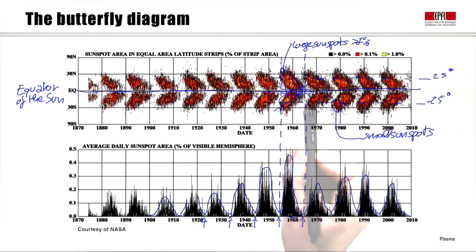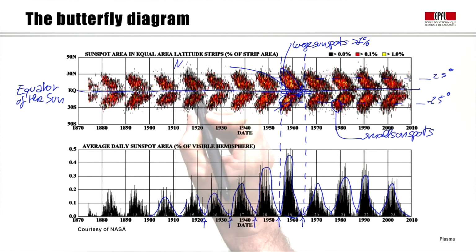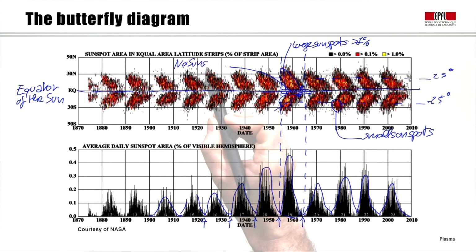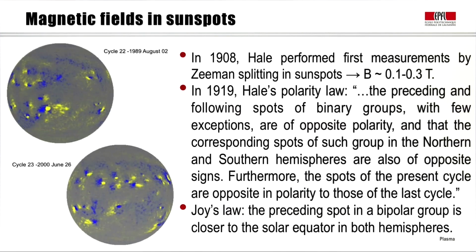However, you should note that the corridor near the equator is always free from sunspots. This behavior is referred to as Spörer's law of zones, and it was famously illustrated by Maunder in 1904 in his butterfly diagram.